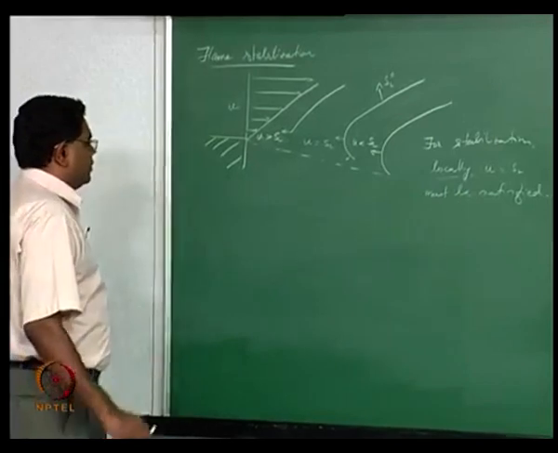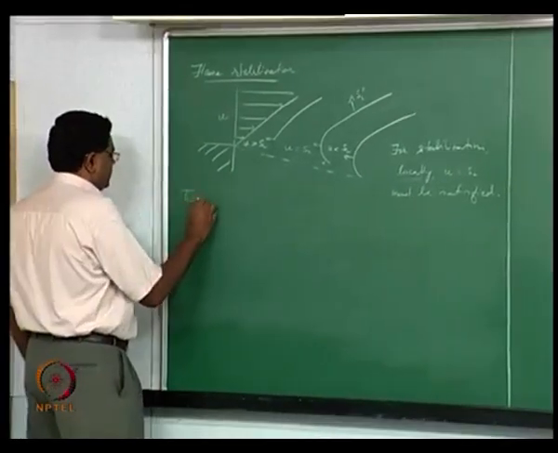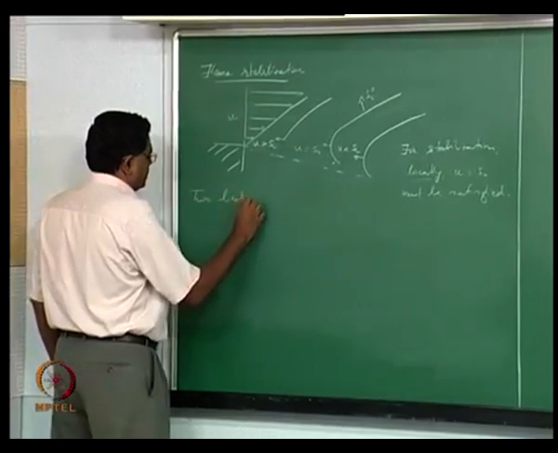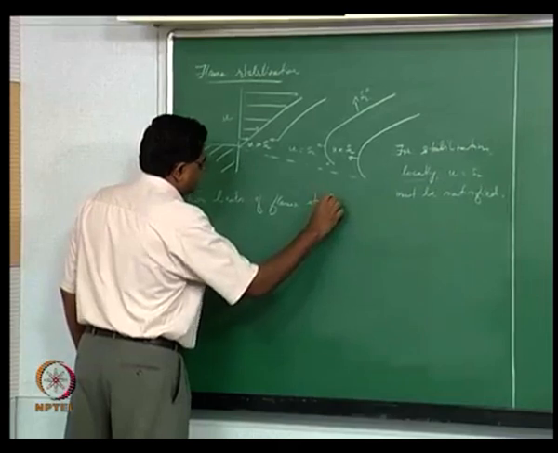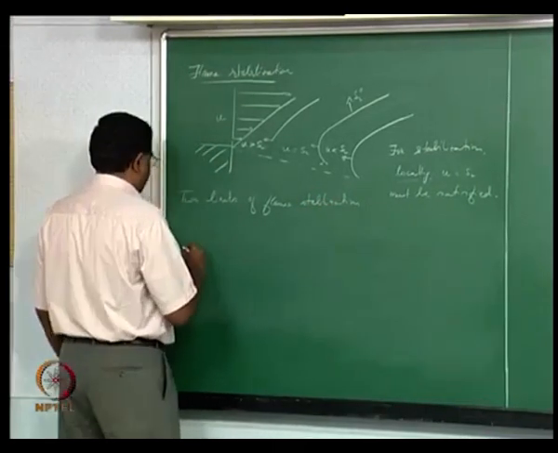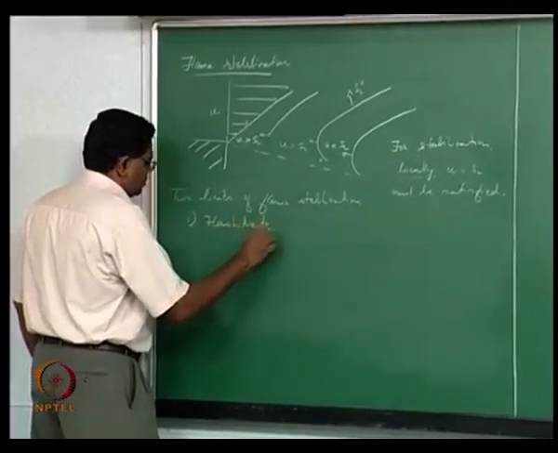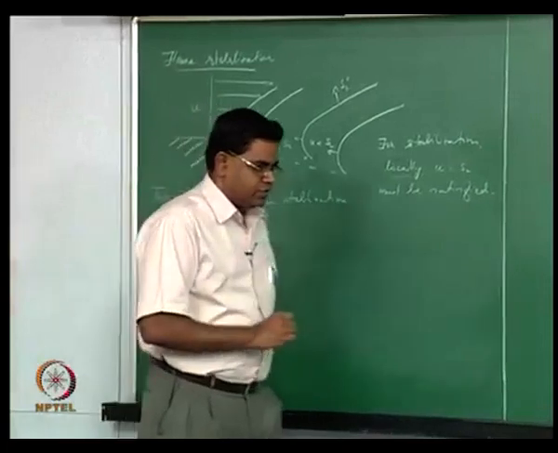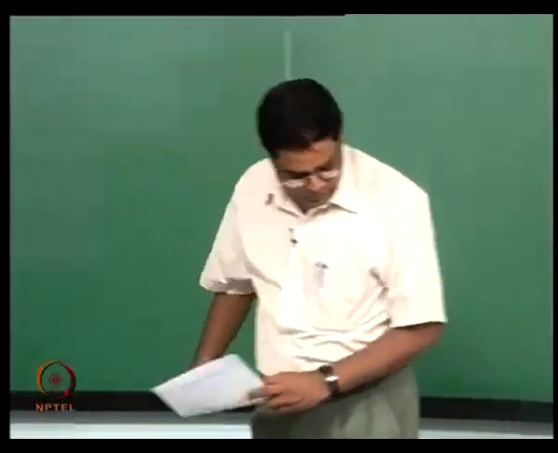So you have two limits of flame stabilization: one is flashback, the other one is blow off.